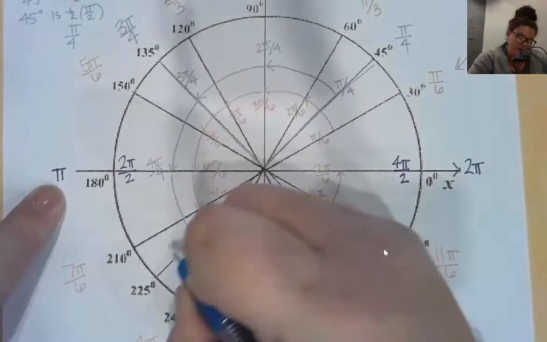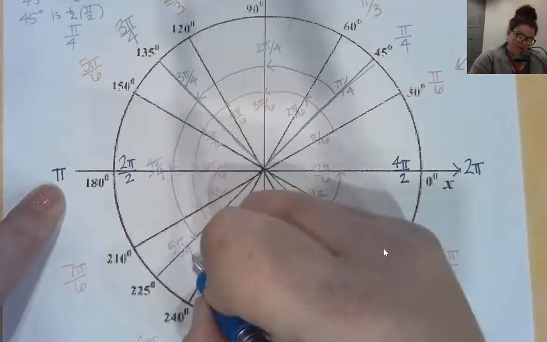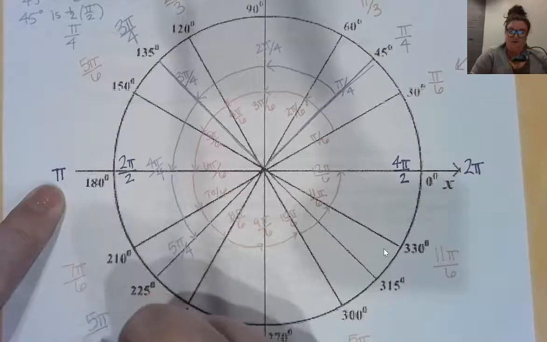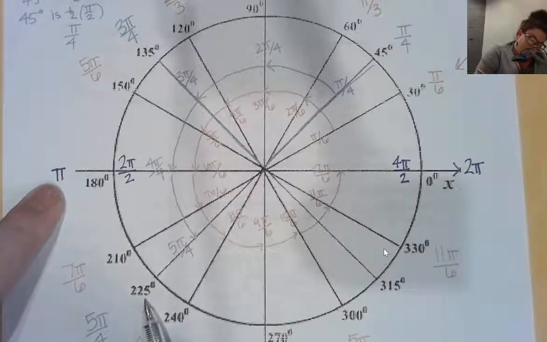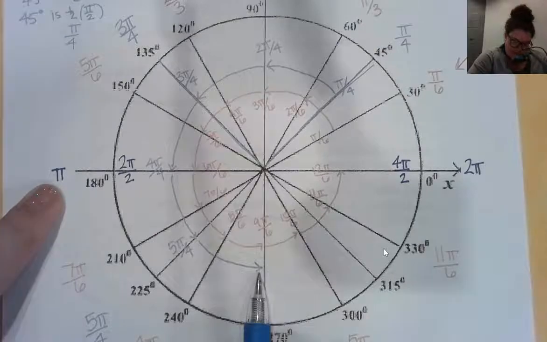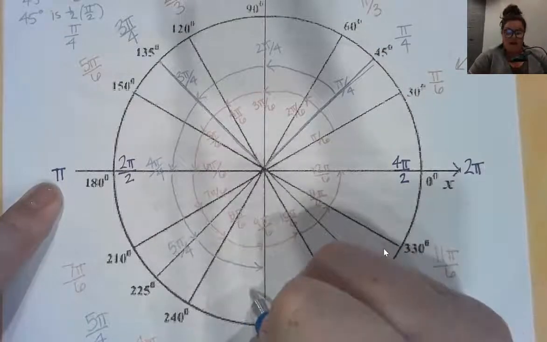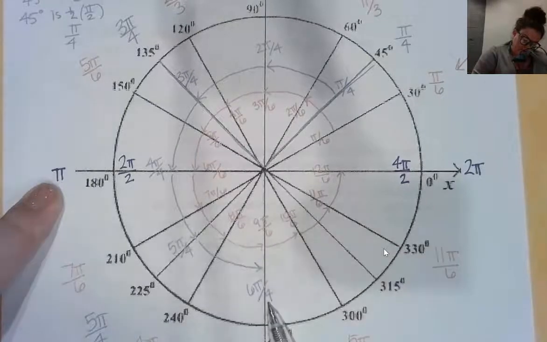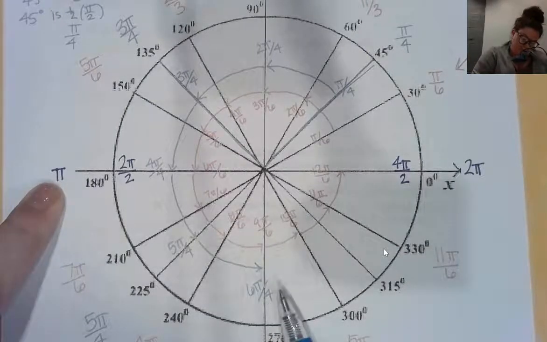And I keep going. Another 45 degree measure brings us to 5 pi over 4. And that also doesn't reduce, so we're going to leave that as 5 pi over 4 to represent our 225 degree angle. Then I bring in another 45 degree measure by counting another pi over 4. So this brings us to 6 pi over 4.